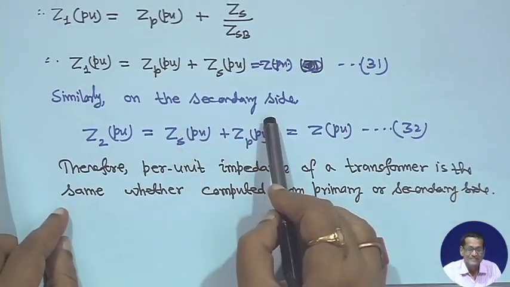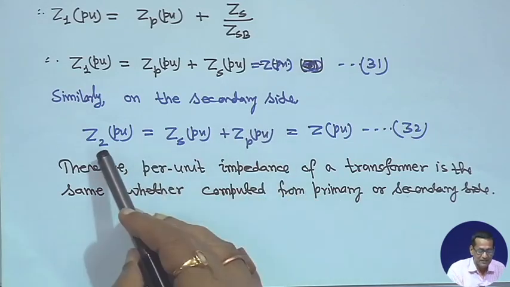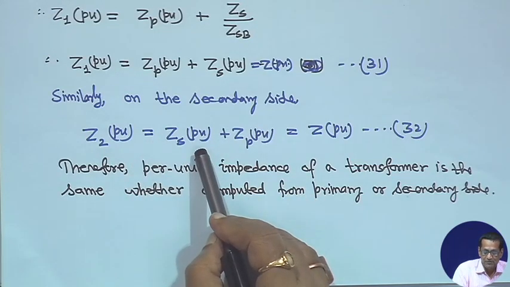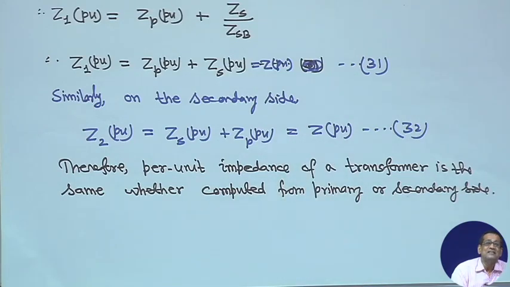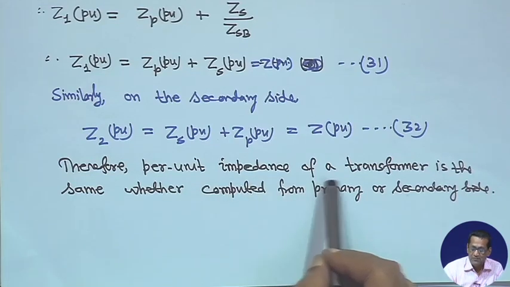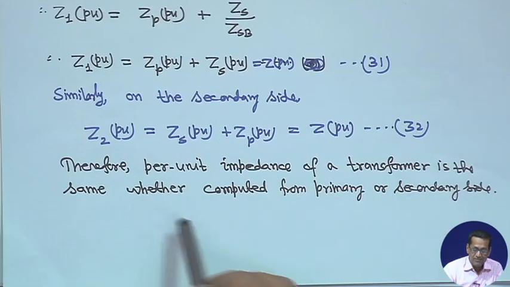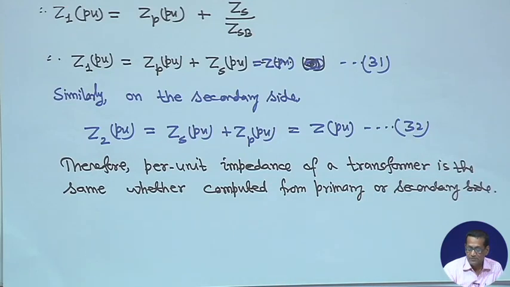Similarly, if you do it on the secondary side, you will get the same thing, that Z2 PU is equal to ZSPU plus ZPPU is equal to ZPU. That means that in per unit, whether referred to primary side or secondary side, the per unit value of impedance remains the same. Therefore, the per unit impedance of a transformer is the same whether computed from primary or secondary side. This is the major advantage of transforming all the parameters into per unit values, right.